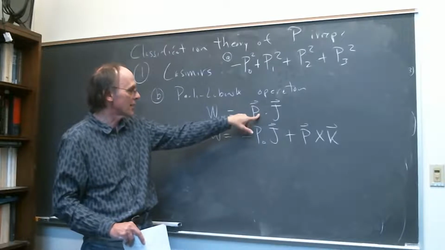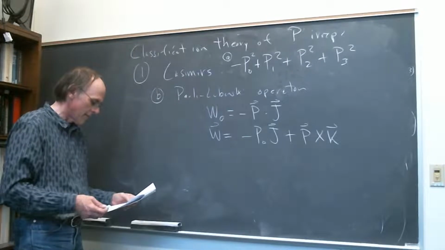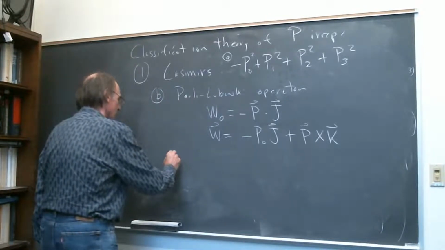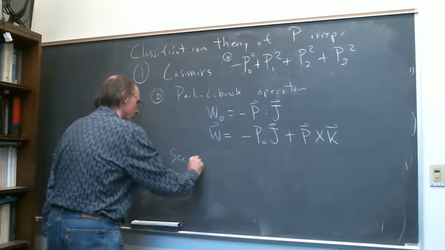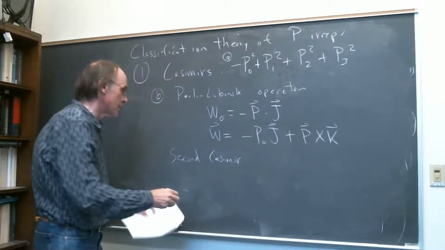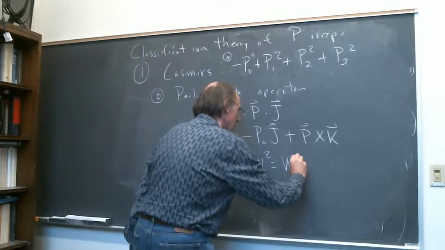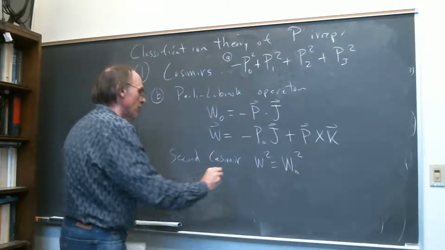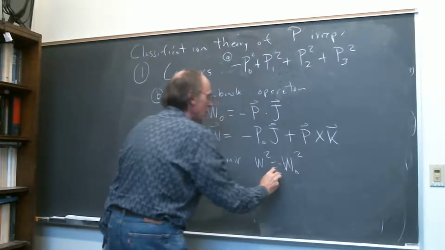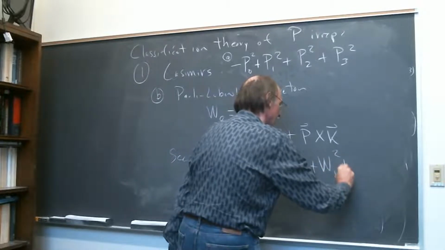And even better, you want to then define a second Casimir, which is W squared, which is minus this guy squared plus these guys squared.